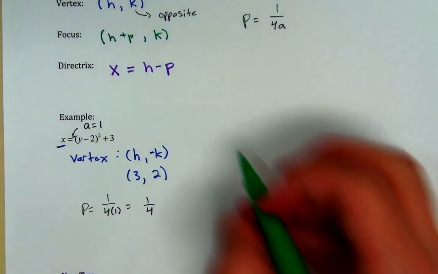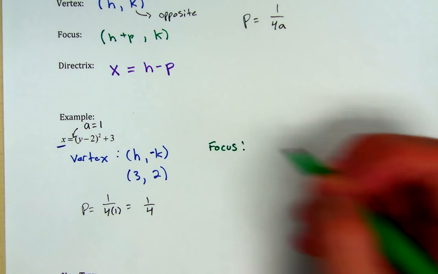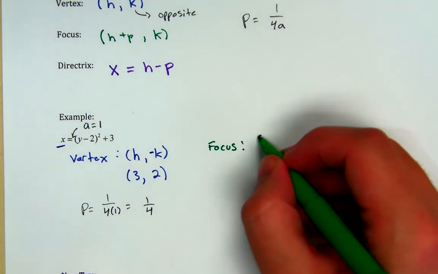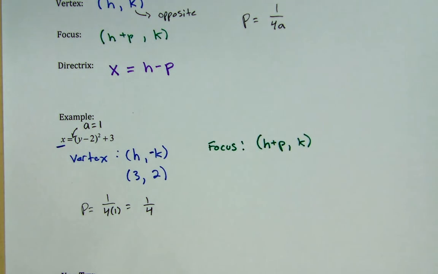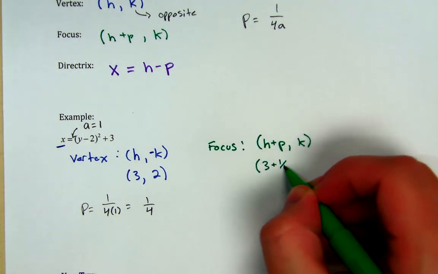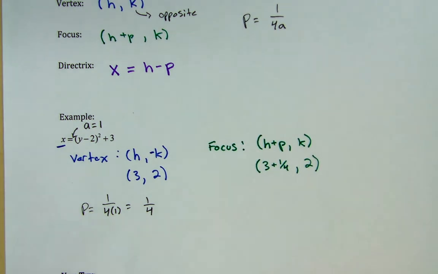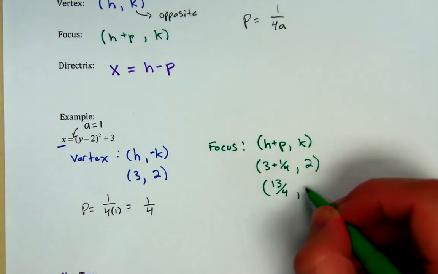And now we can find the focus. That is our (h plus p, k), so the vertex added p. So we're going to take 3 plus 1/4, 2, and that is going to be (13/4, 2).